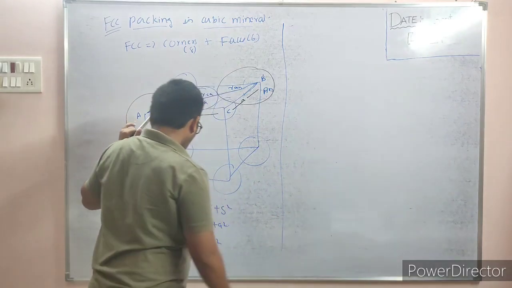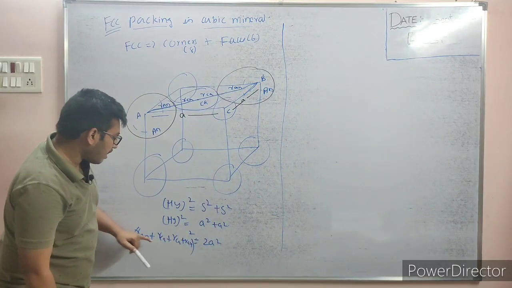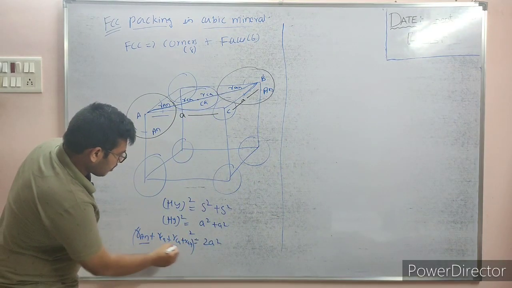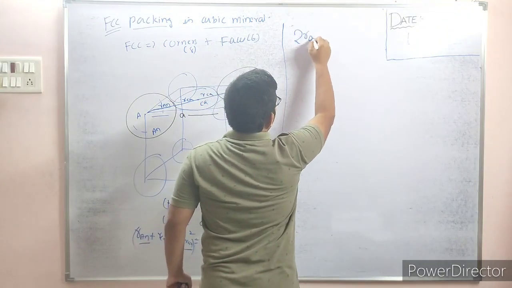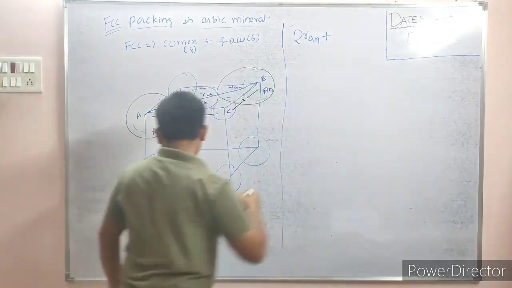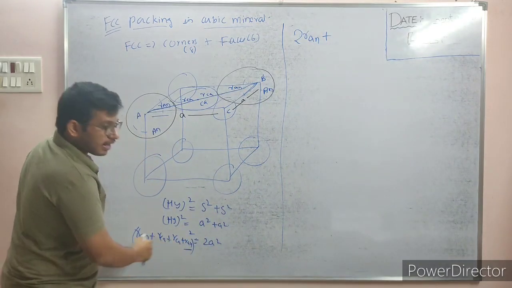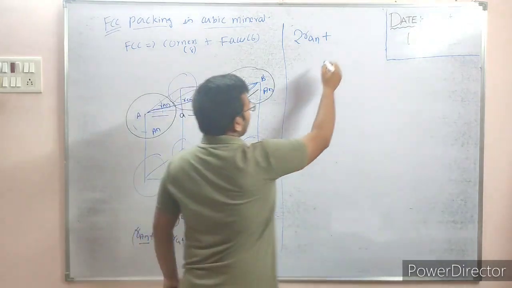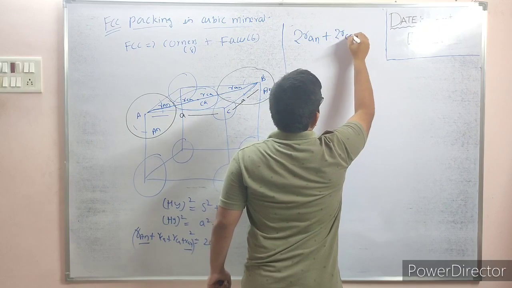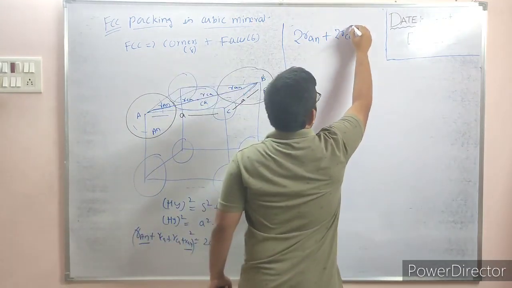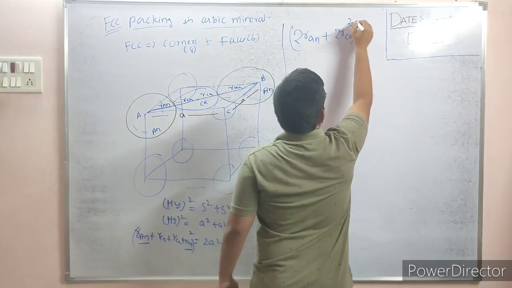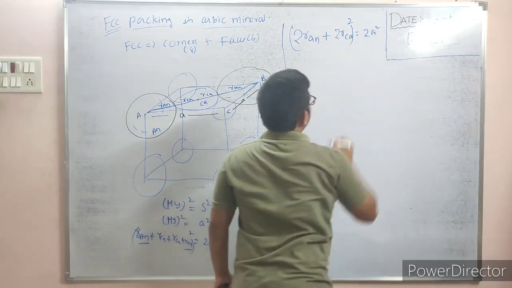So what are we getting? Radius of anion plus radius of anion, it is 2 into radius of anion plus radius of cation plus radius of cation. So 2 into radius of cation, whole square is equal to 2a square.